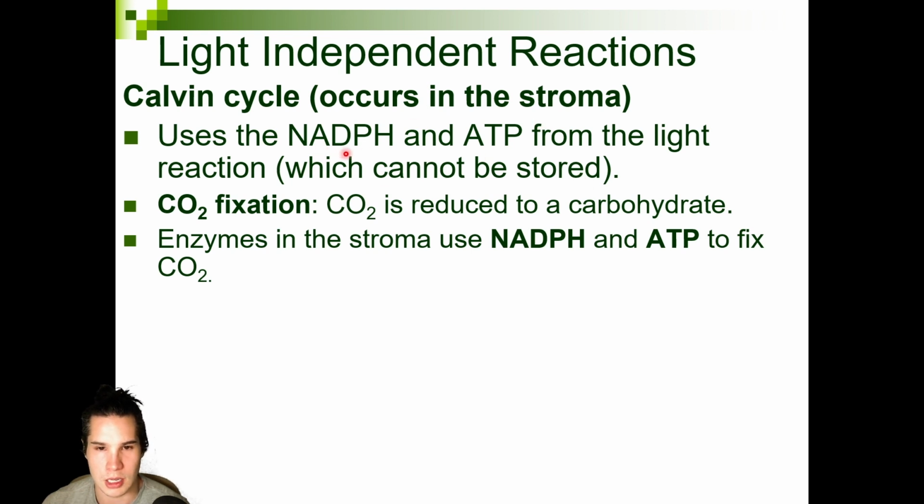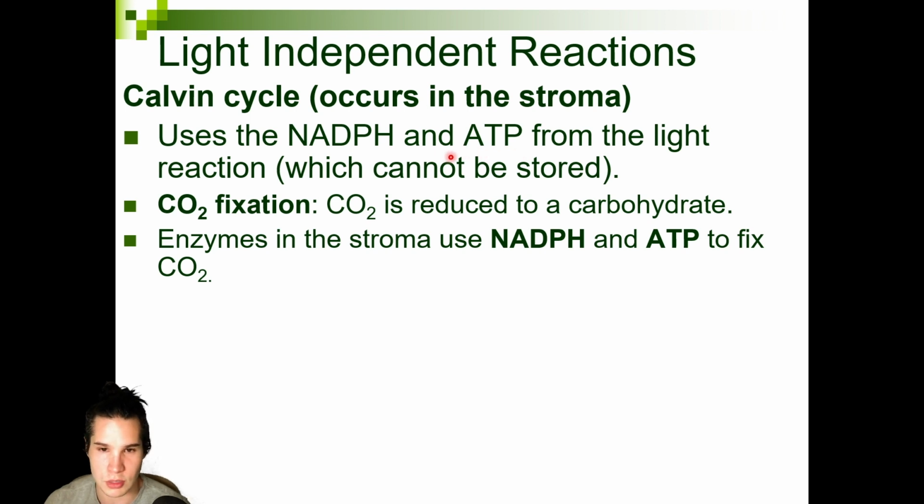The thing about NADPH and ATP is that plants or photosynthesizers do not store reservoirs of ATP and NADPH. Typically, when NADPH or ATP is needed, it creates it as it's needed and it is used immediately, but it does not store ATP. ATP and NADPH are very volatile, or you could say unstable, molecules.